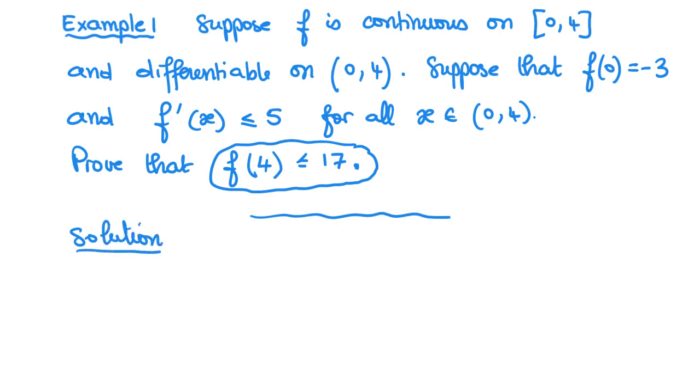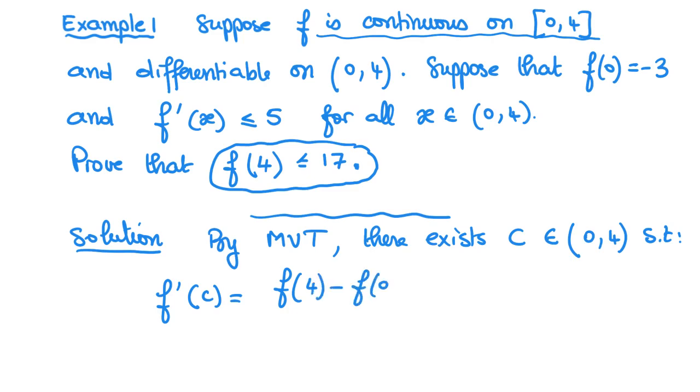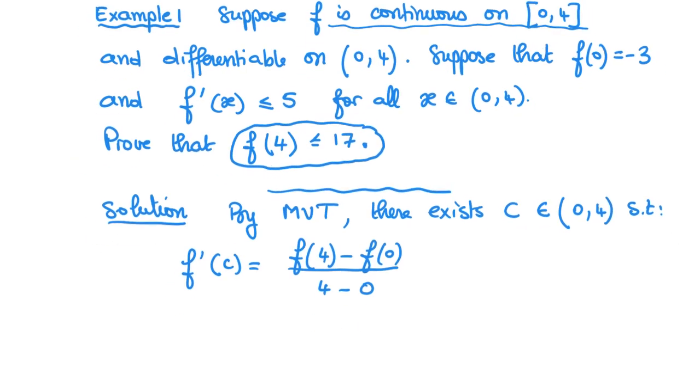Solution. So by the mean value theorem applied to the function f on the interval [0, 4], we know that there exists a c in the interval (0, 4) such that f dash at c is equal to f at 4 minus f at 0 divided by 4 minus 0.